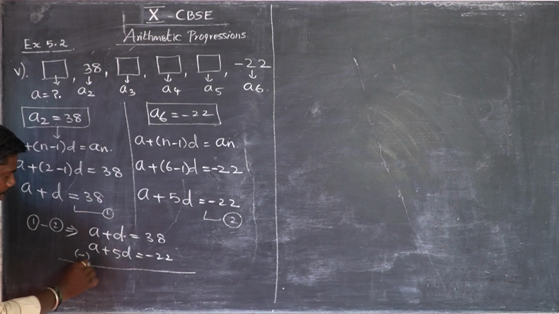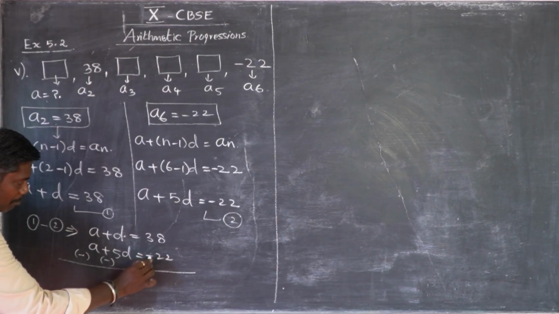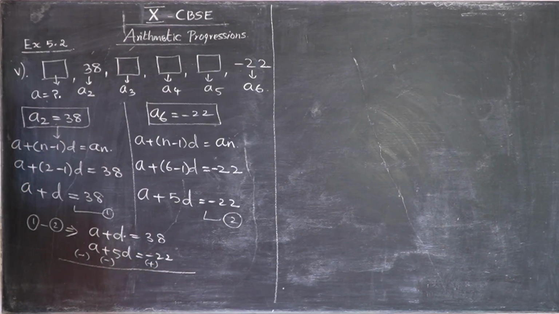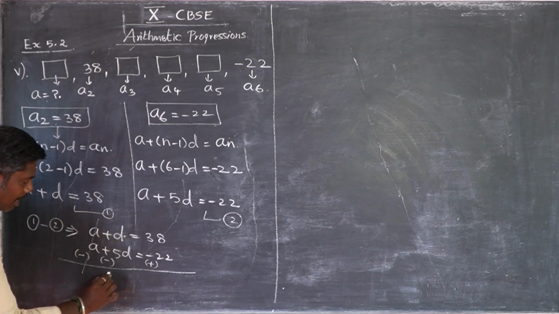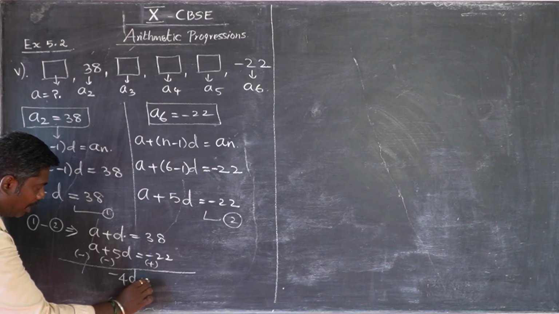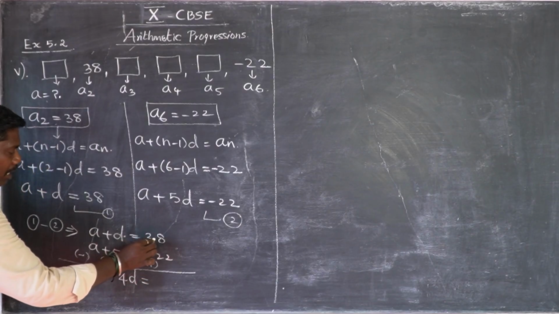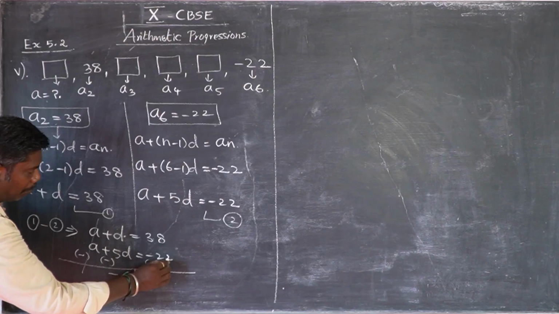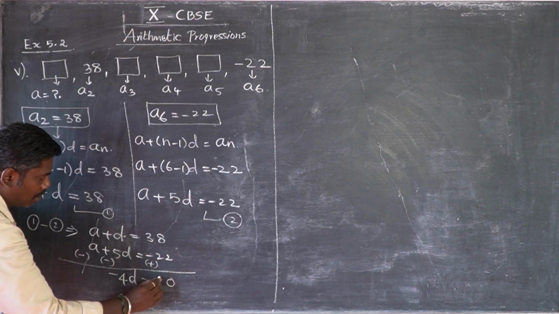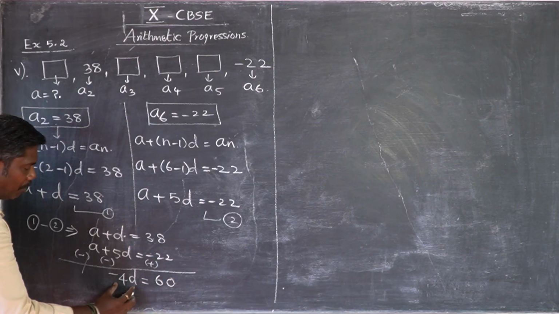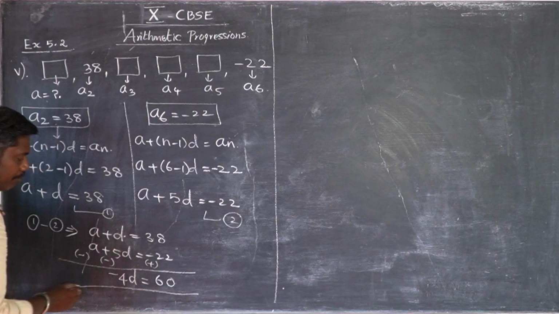Plus changes into minus, minus changes into plus. A minus A cancel. Minus 5D plus D becomes minus 4D. 38 plus 22, 8 plus 2, 10, balance 1, 4, 60. Minus 4D is equal to 60.